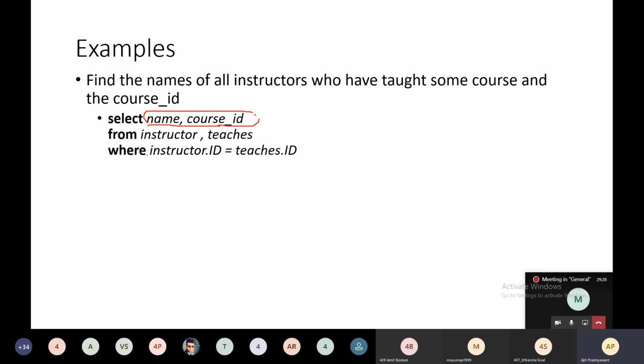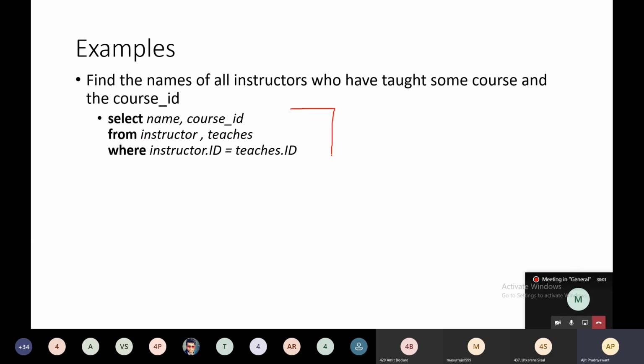So this is how the Cartesian product helps us retrieve the data from the two relations, instructor and teachers. We have seen only one relation in the last lecture. Now we are learning how to retrieve the data from two relations, and for that you need to understand the Cartesian product concept.